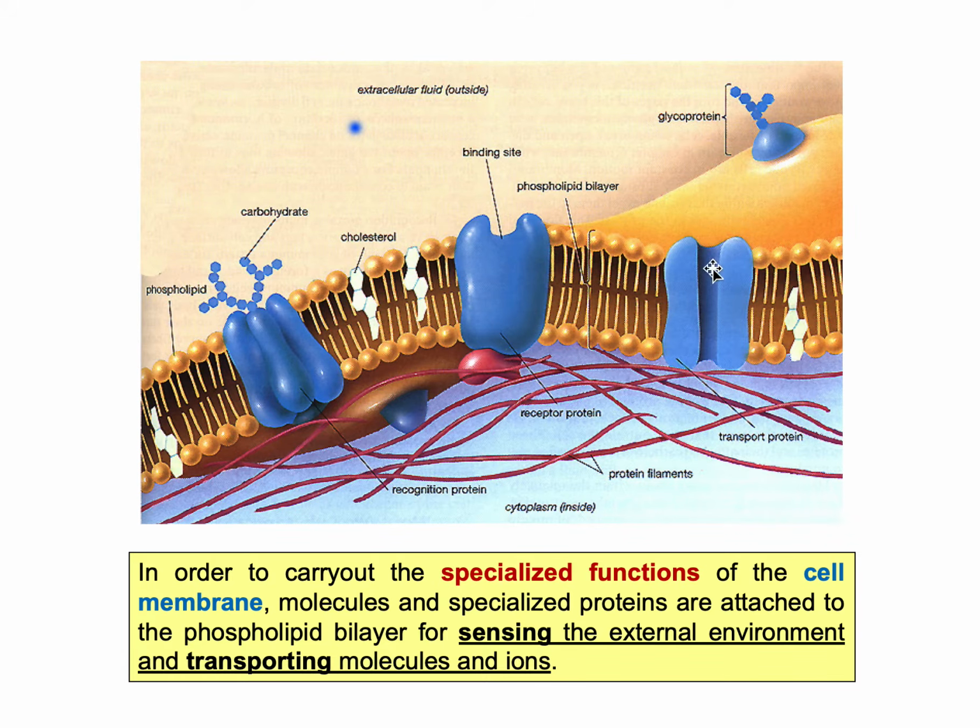You can move things in and out of the cell using these transport proteins, which are channels and carriers. I hope this gives us a picture of how the cell membrane looks and what components in our cells will be interacting with the biomaterials that we implant.